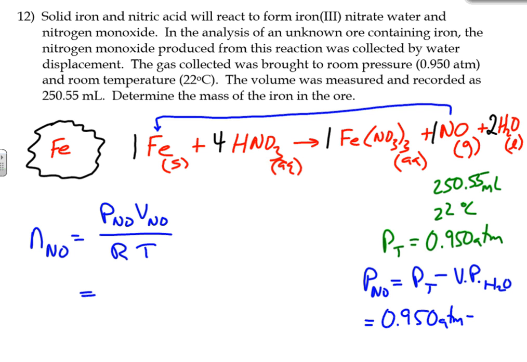My vapor pressure of the water at 22 degrees Celsius is 19.8 millimeters of mercury, so I'm going to have to convert that to atmospheres.